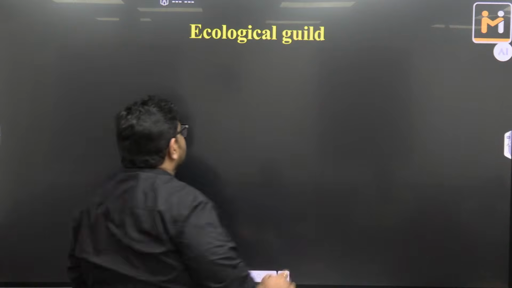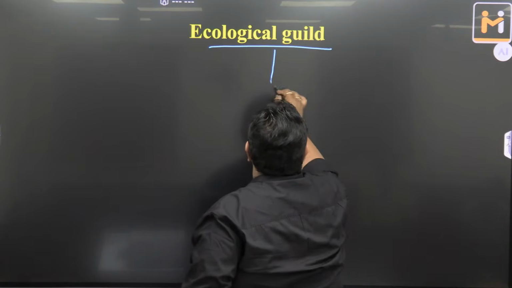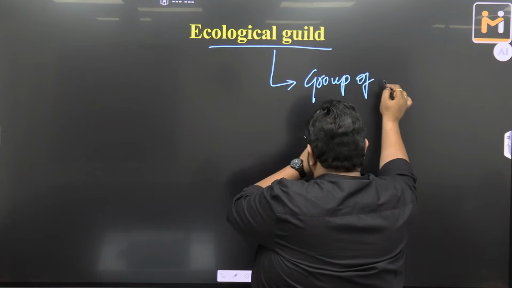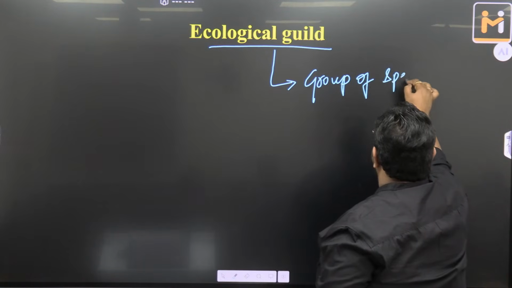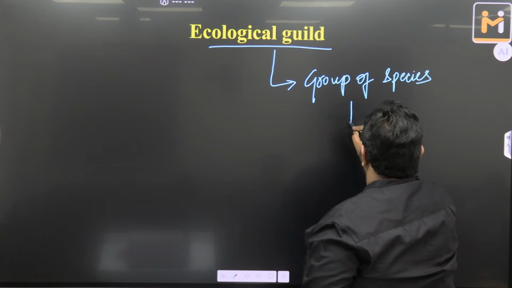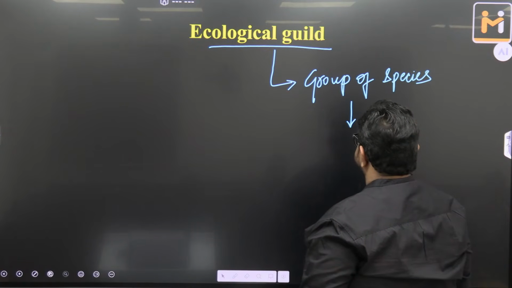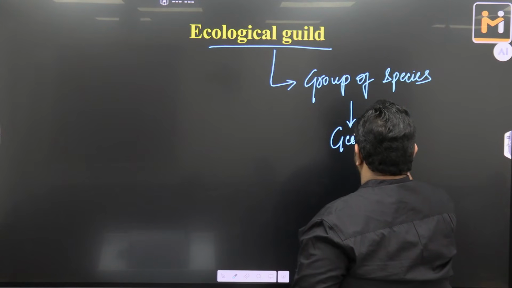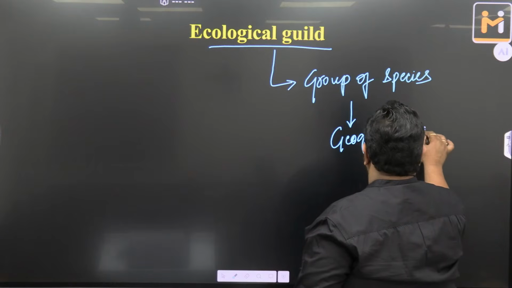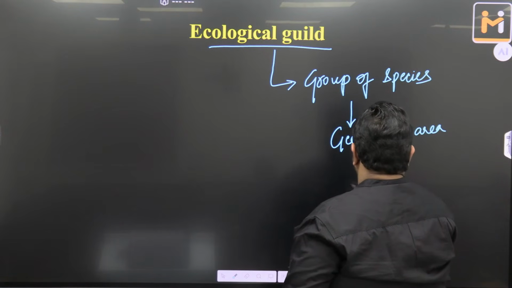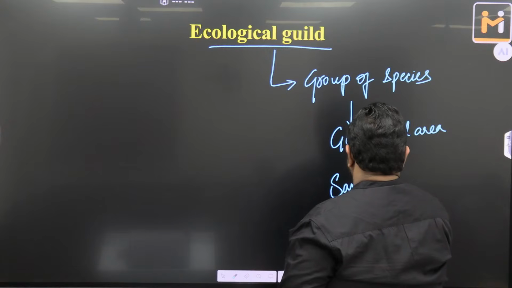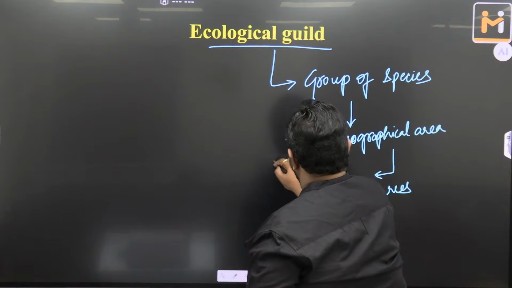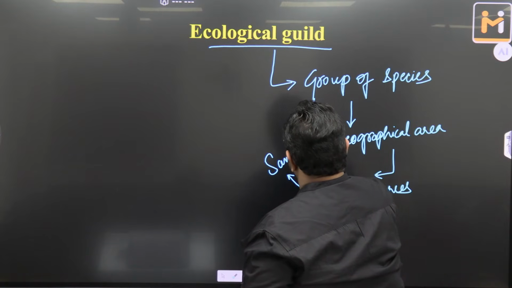So ecological guild basically is a group of species in the same geographical area which feed on the same resources in the same manner.